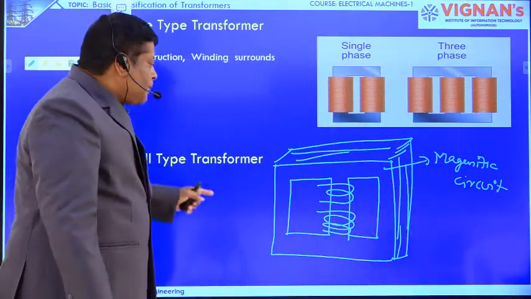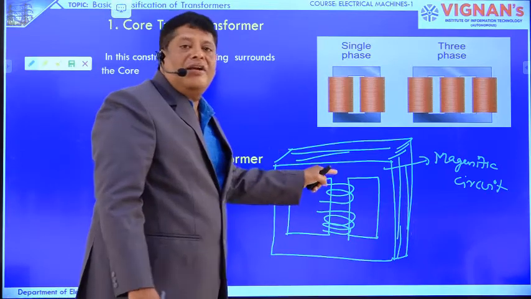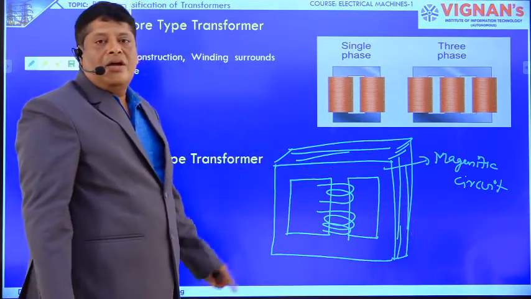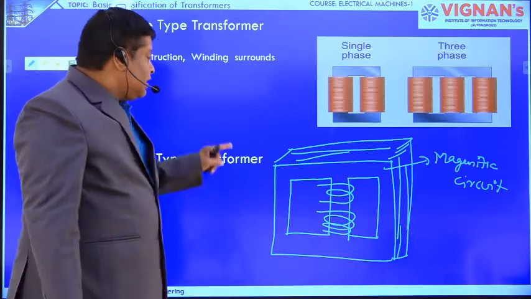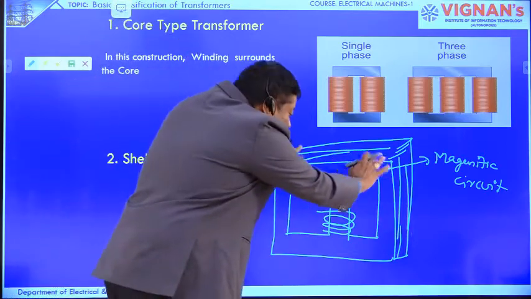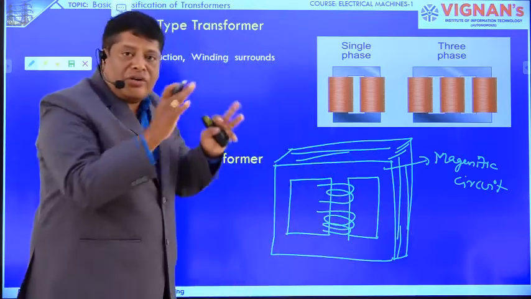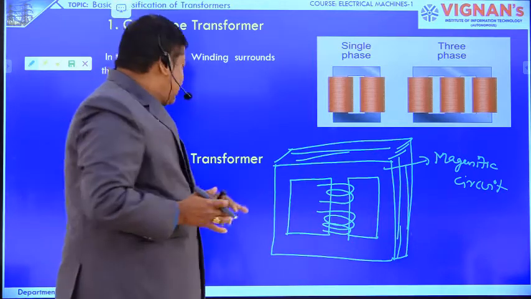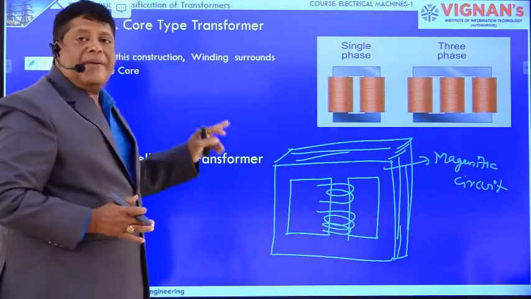But the winding is placed on the middle limb of the core. In this case, the core is surrounding the winding. That's why we are calling it a shell type transformer.